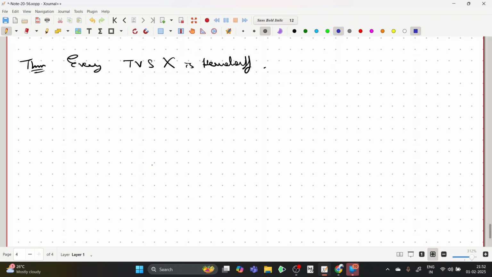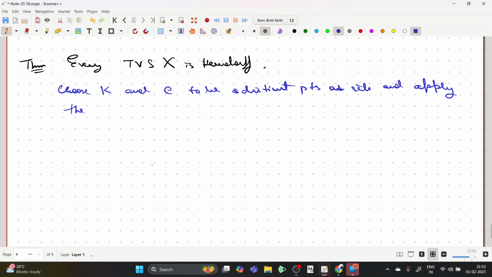So simply choose K and C to be distinct points as sets. Now you can easily observe that every singleton set is compact, right? There's nothing there actually. And singleton sets are closed by the definition of topological vector space. So just choose K and C to be distinct points as sets and apply the separation theorem.